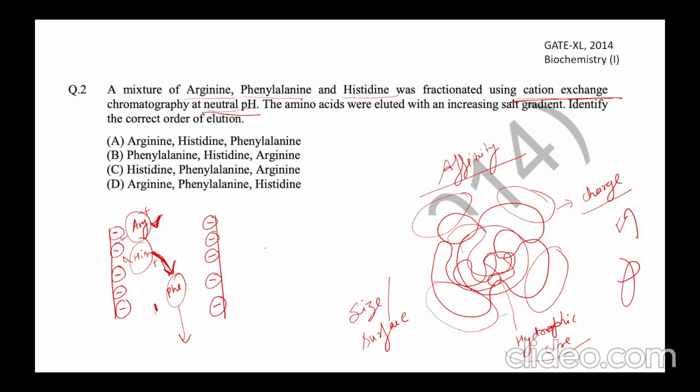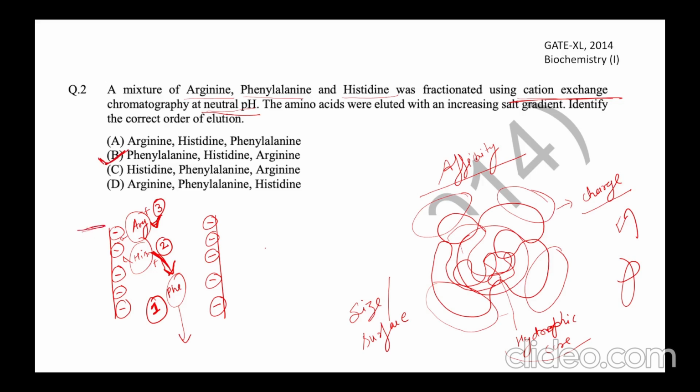So the order of elution will be first phenylalanine, second histidine, and third arginine. We have option B, which has this order of elution: phenylalanine, histidine, and then arginine.